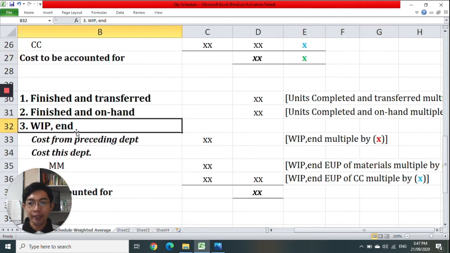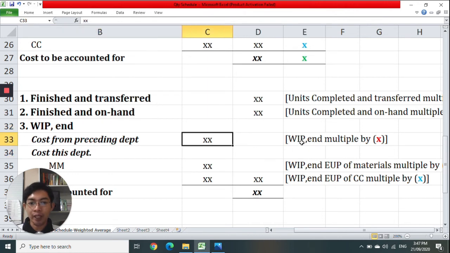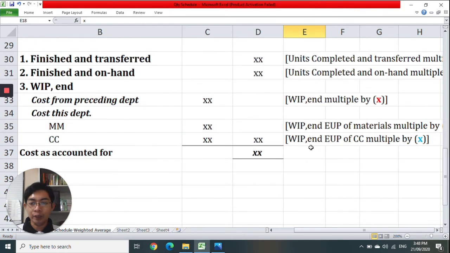For the WIP ending, we distinguish the cost from preceding department and the cost this department. To compute for the cost from preceding department, we multiply WIP ending by the unit cost from preceding department with color red label. For cost this department, we separate your materials and your conversion costs.